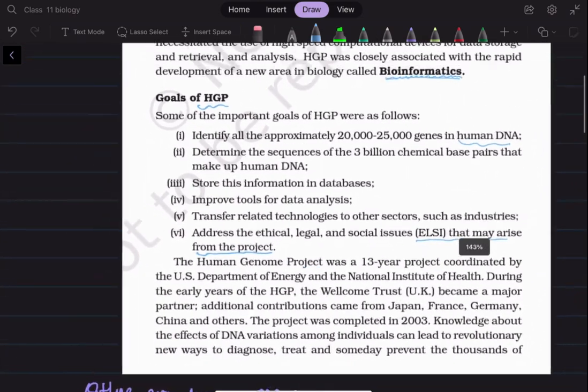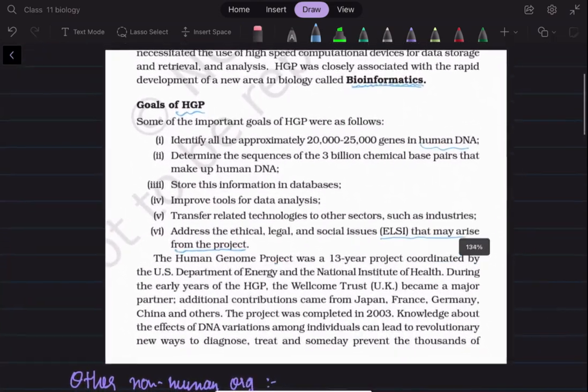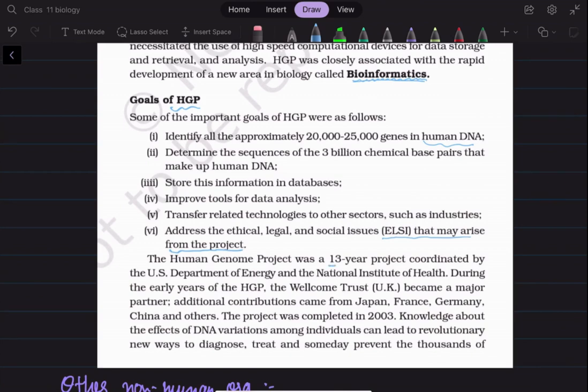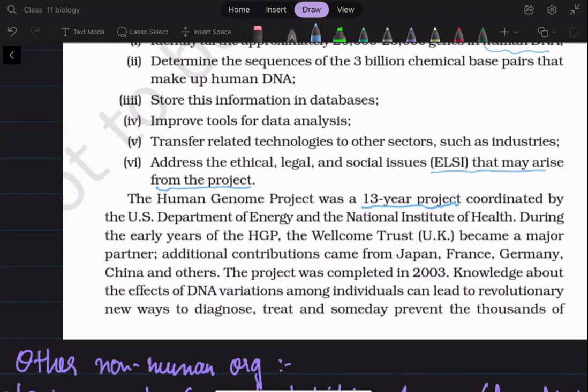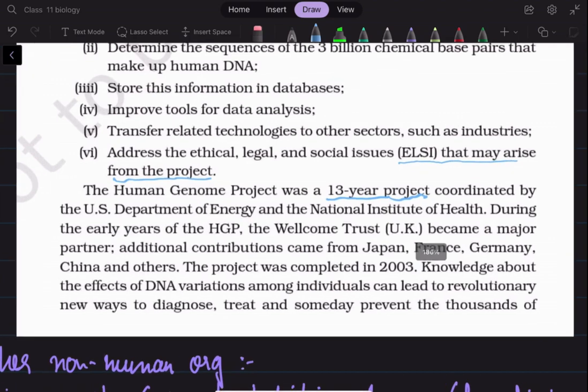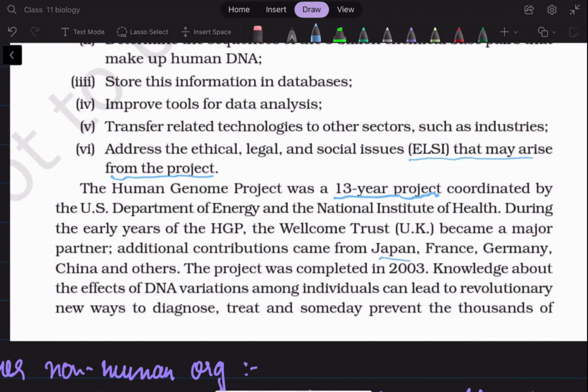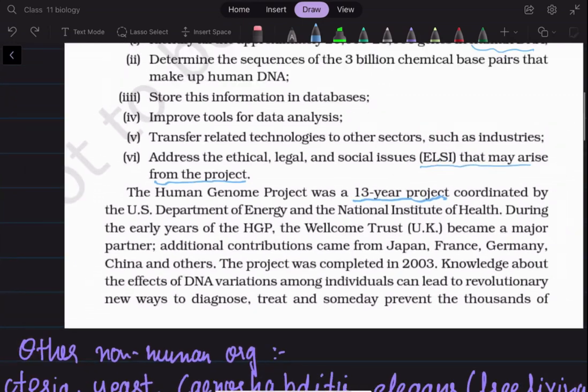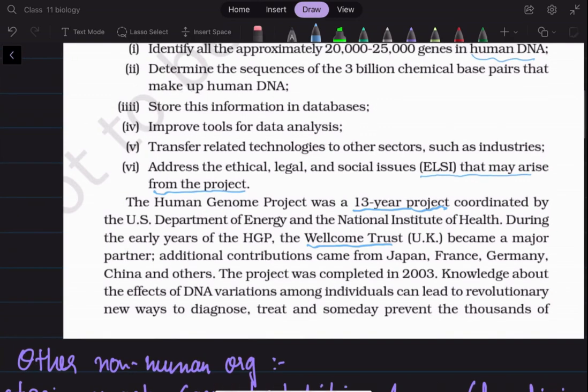So this Human Genome Project, as I told you, 1990 to 2003, was a 13 year project, and it was coordinated by the US Department of Energy and the National Institute of Health, and its major funds came from countries like Japan, France, Germany, China, etc. And also the Wellcome Trust company from UK became the main partner.